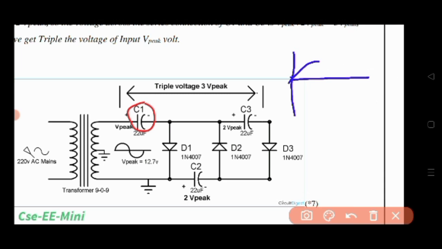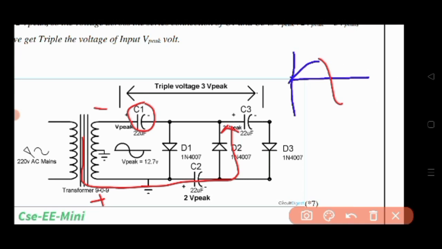In the next half cycle, that is the first negative half cycle, the transformer polarity will be like this. So only diode D2 conducts, so it will charge the capacitor C2 in the same way as we have seen in the half wave doubler circuit example.